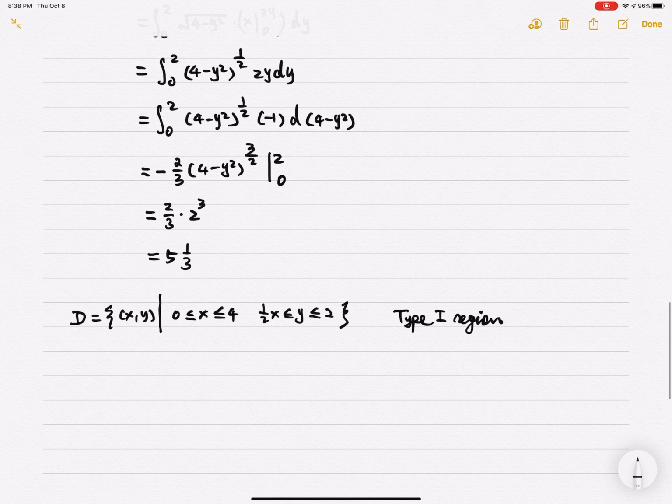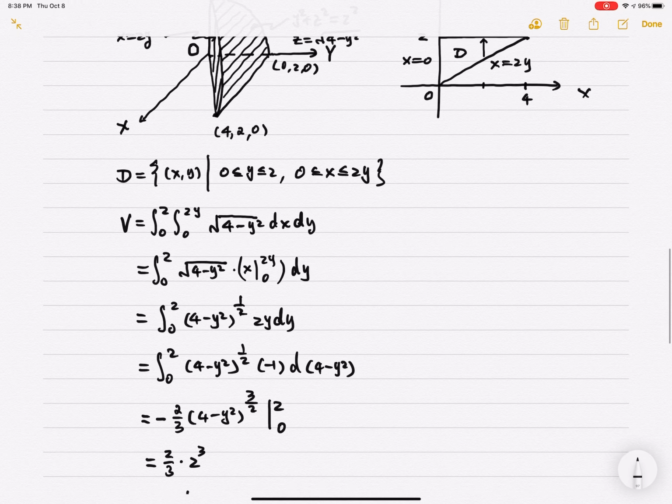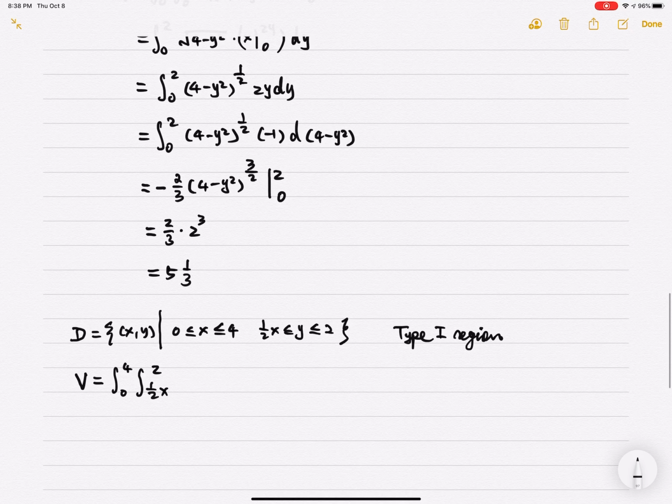Okay, so if I have that, then how do we integrate it? So we say the volume is from 0 to 4, and then from half x to 2, of the root of 4 minus y squared dy dx.